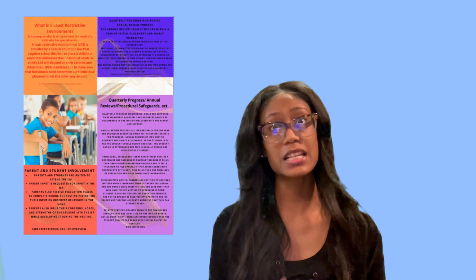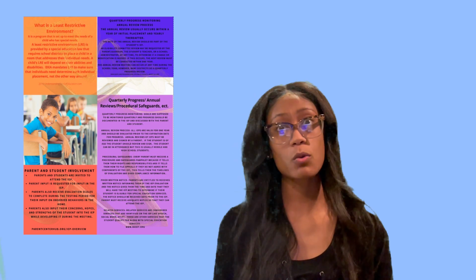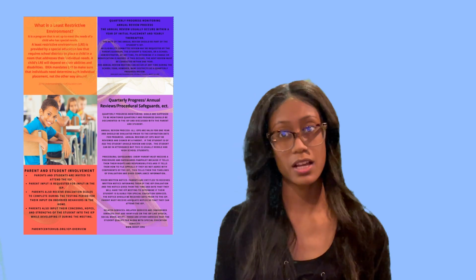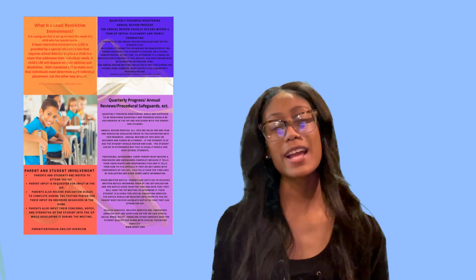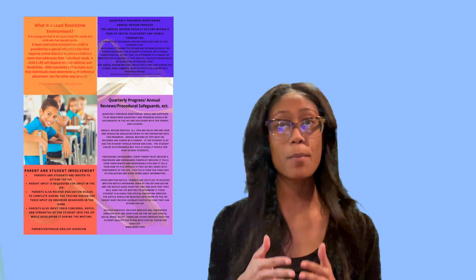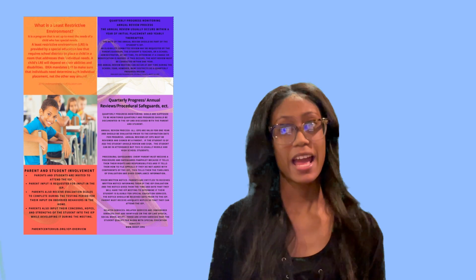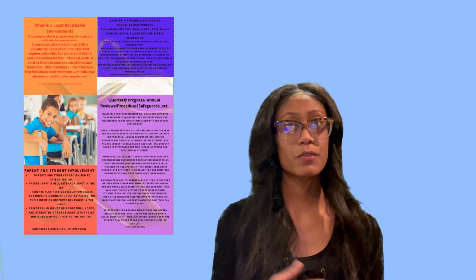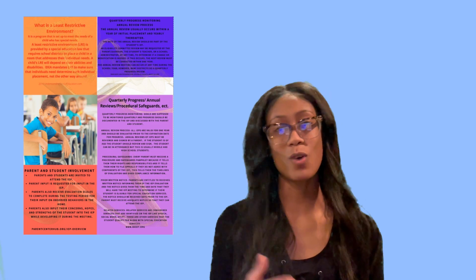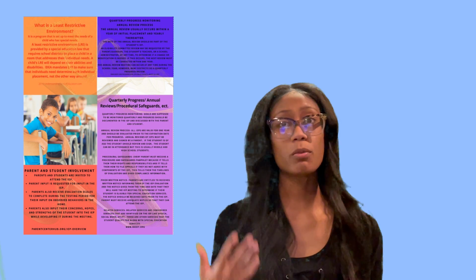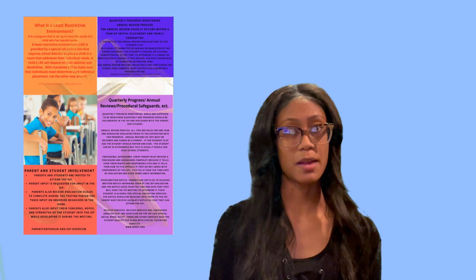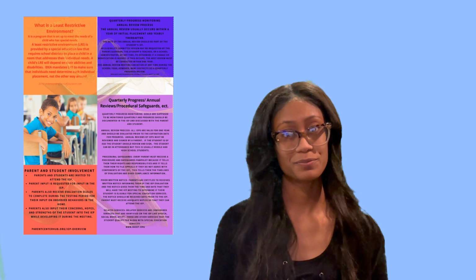An eligibility committee review may be requested by the parent or guardian, the student's teacher, or a school administrator at any time to determine if a change or modification is needed. If this occurs, the next review must be conducted within 1 year. The annual review can occur at any time during the school year. However, many districts do a quarterly progress review.